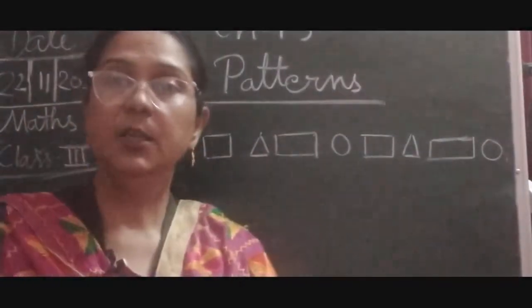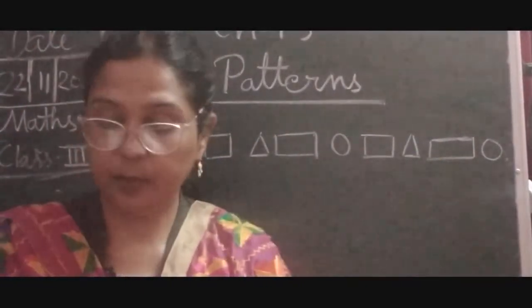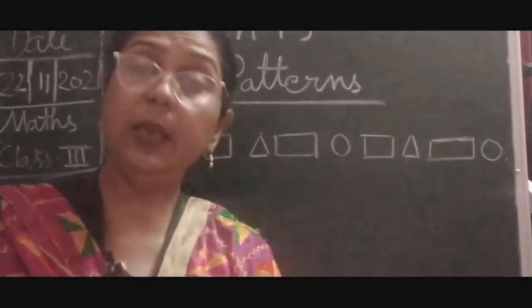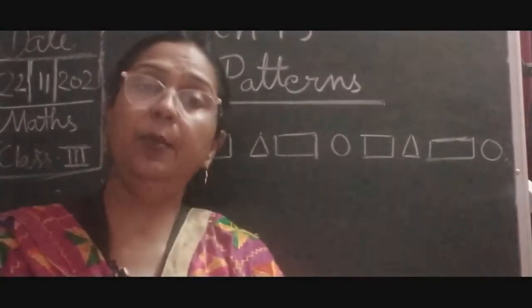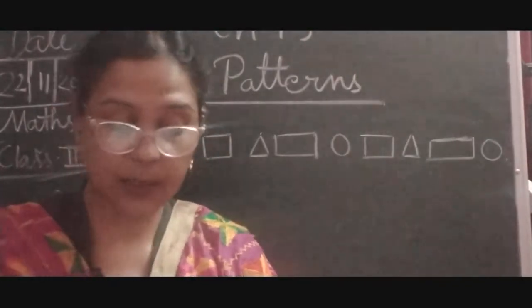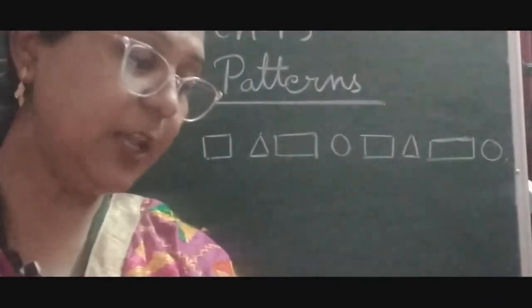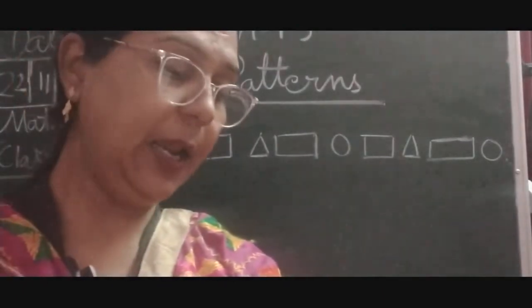Okay children, these are geometrical patterns, and we can make many things with their help. Here in your book, on page number 188, you can see many types of patterns. You can see these types of borders. With the help of geometric figures, you can make patterns.